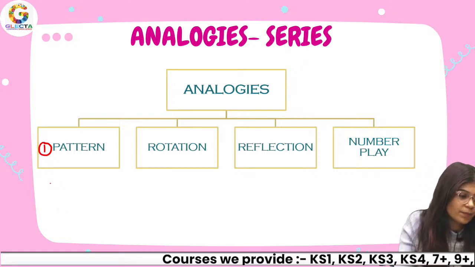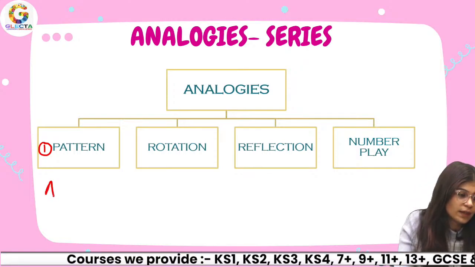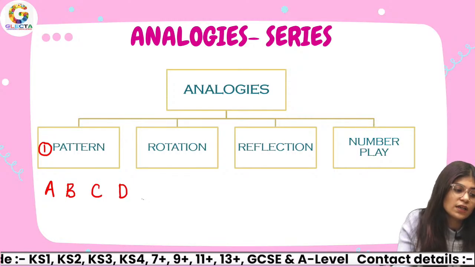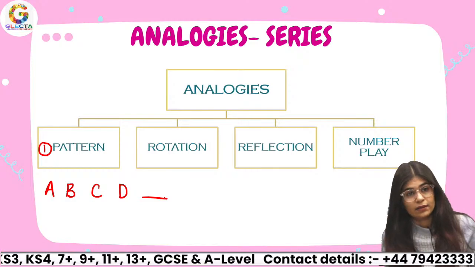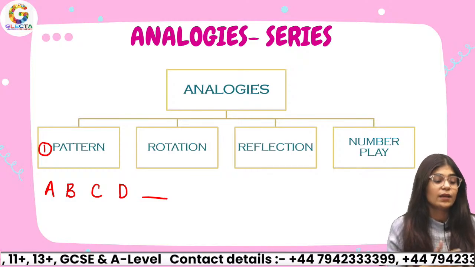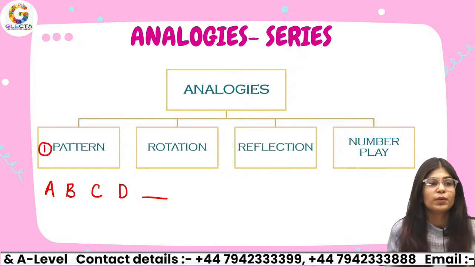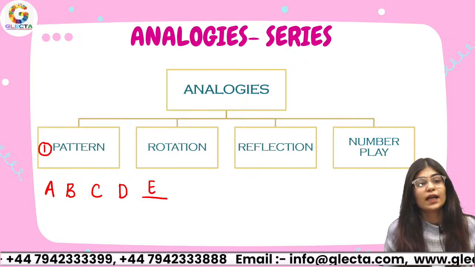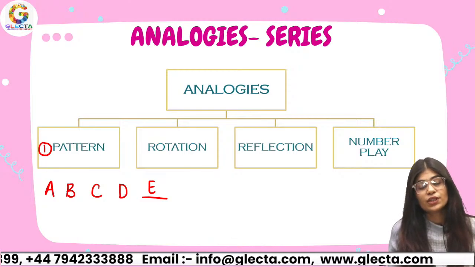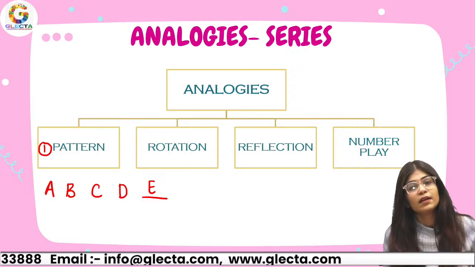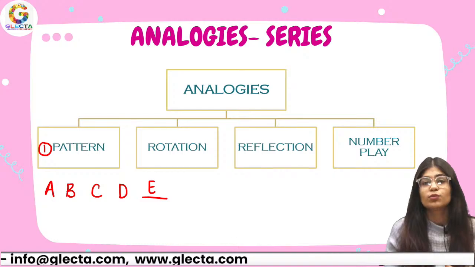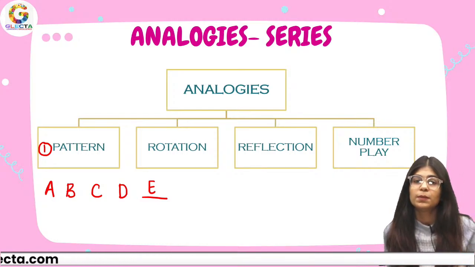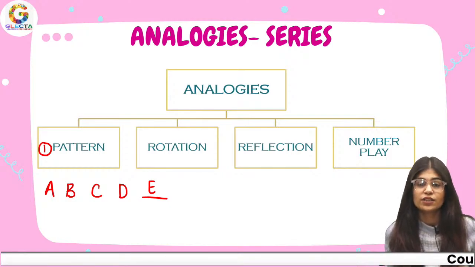Let's say it is A, then it goes to B, then C, then D. Next would be E. So we would obviously know the sequence is A, B, C, D, and the last one would be E. Correct. So that's how we can understand the questions, because there would be a pattern in them. There would be something that is changing continuously, shifted from its place, something that is related to the images.